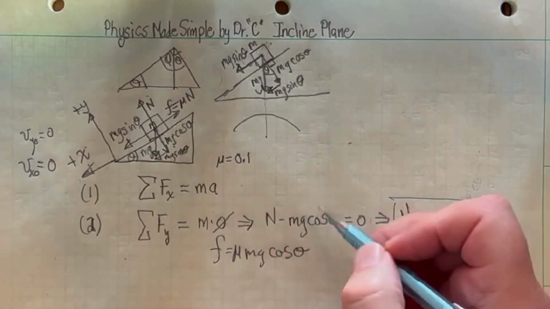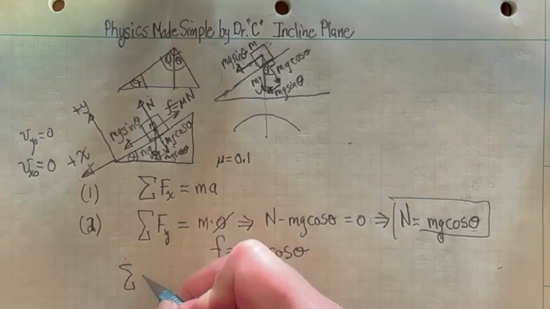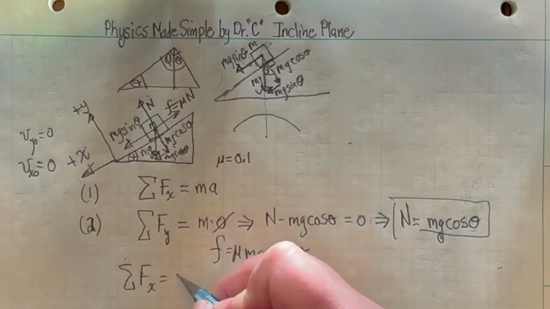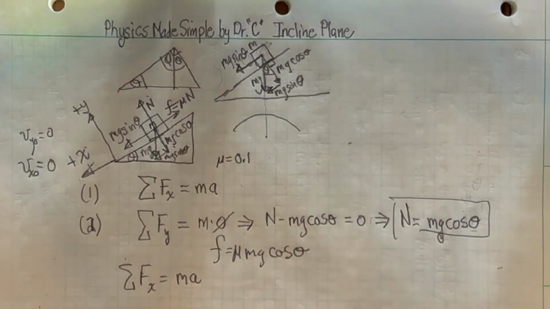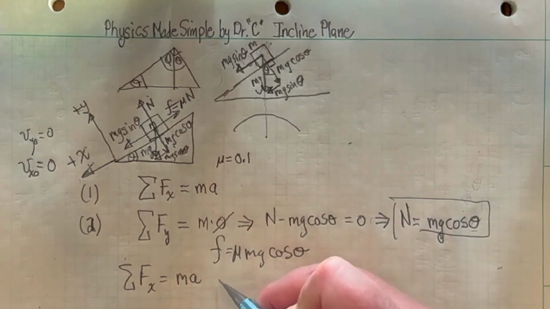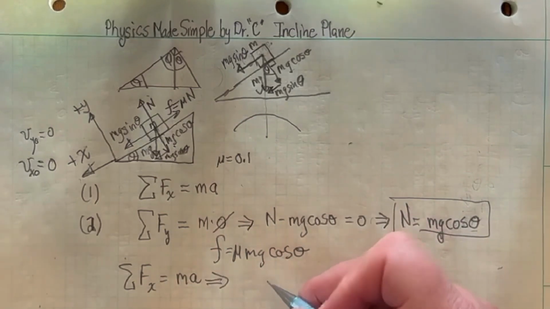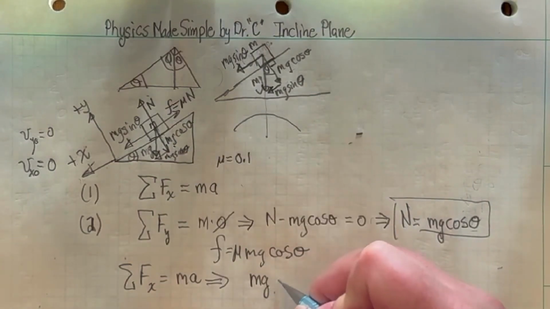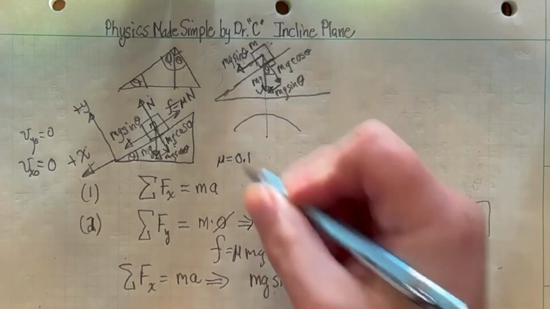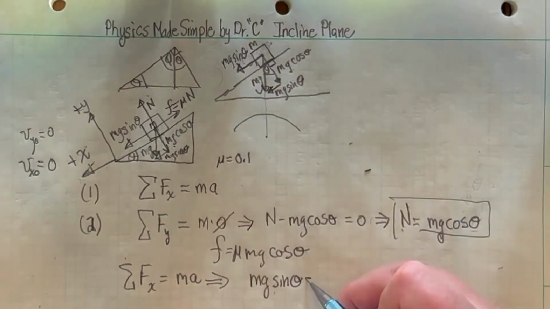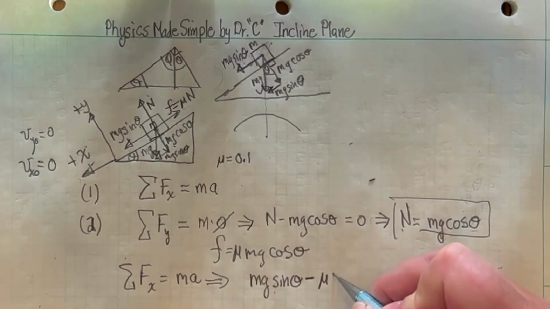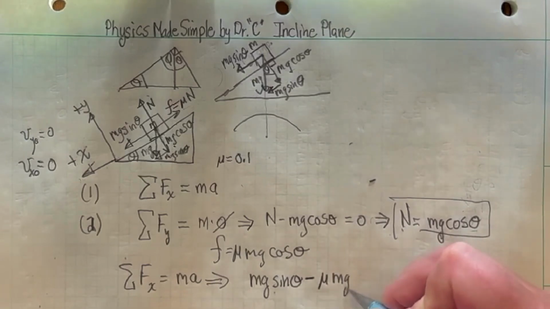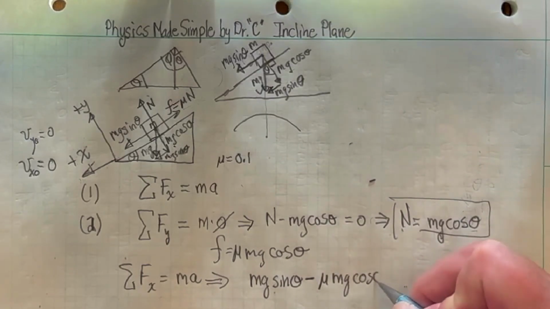So this is equation 2, but I solved it first. Let's go back to equation 1. The summation of the forces in the x direction is equal to the mass times the acceleration in the x direction. We want to get the acceleration in the x direction, so let's write this in here now. mg sine theta is in the plus x direction, and then the friction is in the minus x direction, so we put a minus sign, mu mg cosine theta.